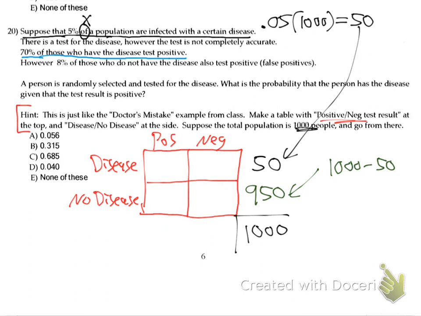So you're going to take 0.70 of, which is still times, but times who? Not times the 1,000, not times the whole population. Times the 50. Times those who have the disease. It's saying 70% of those people test positive. 70% of the people that really have the disease test positive.